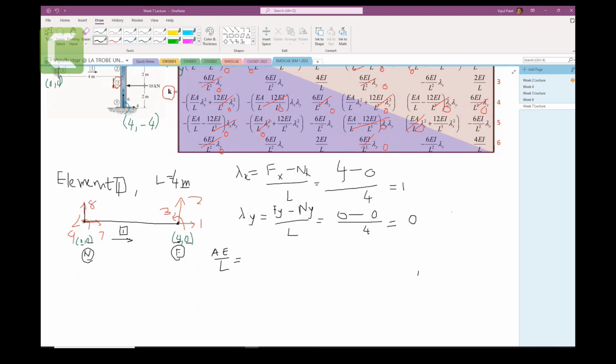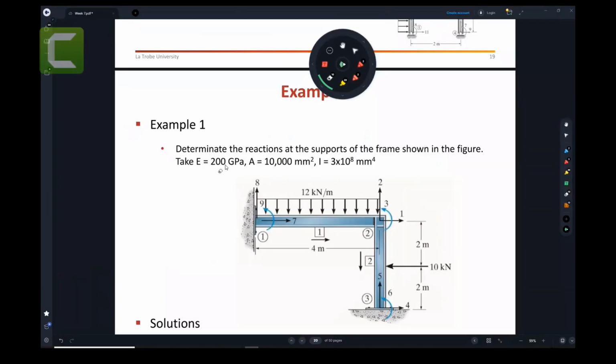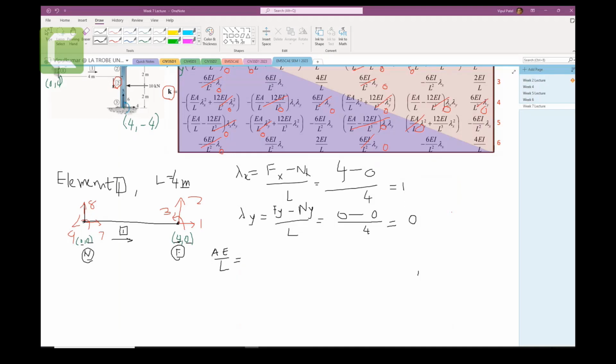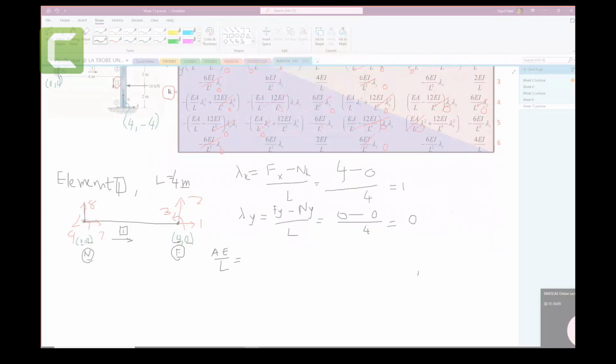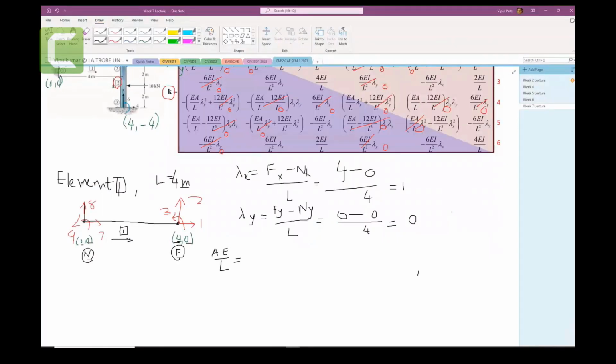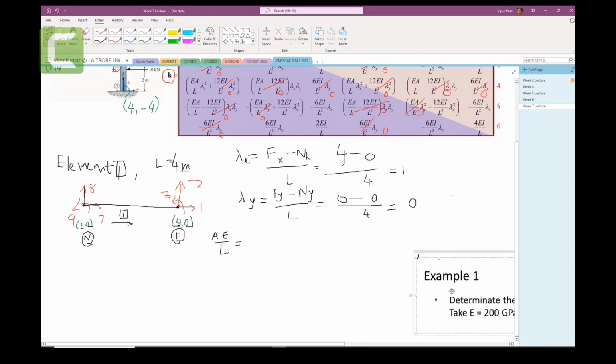Oh yes, in our questions they have given the Young's modulus, the area, and I. So let me get those details for you. In our example, it has given these details. Copy, and we're going to paste it here somewhere.